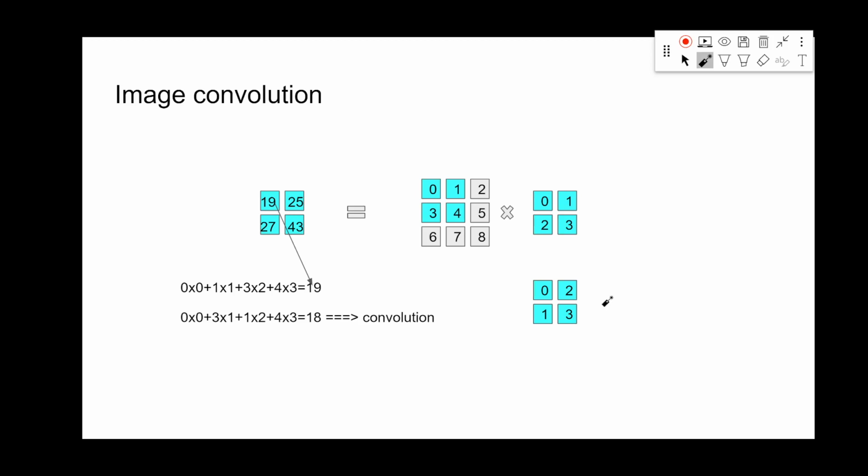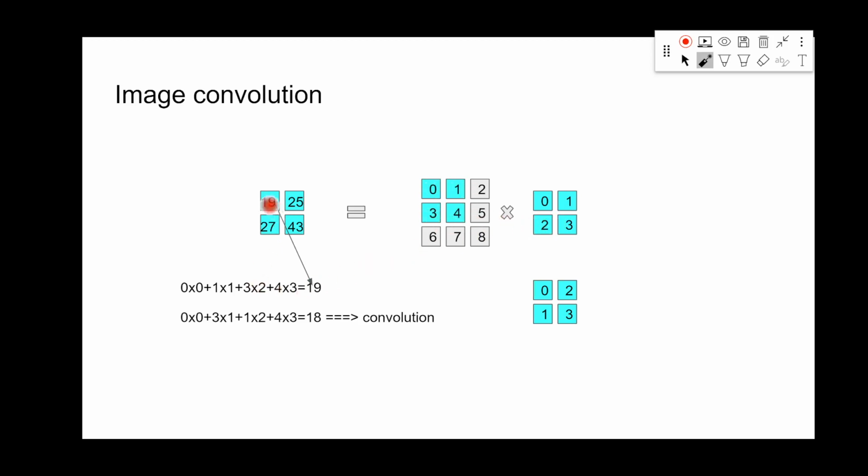For example, here we have an input image, and this is a filter. When we execute the convolution operation, we take those four numbers and multiply them by those four numbers.